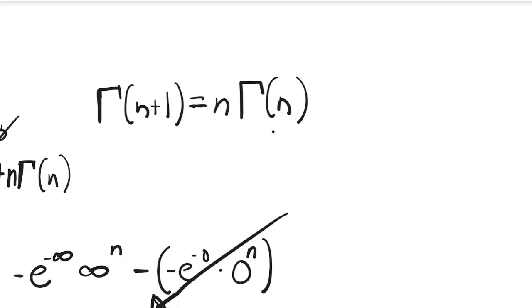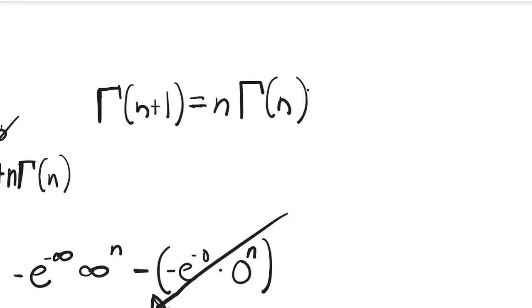So if you have gamma of n, you can relate it with the same, but one less of the argument.